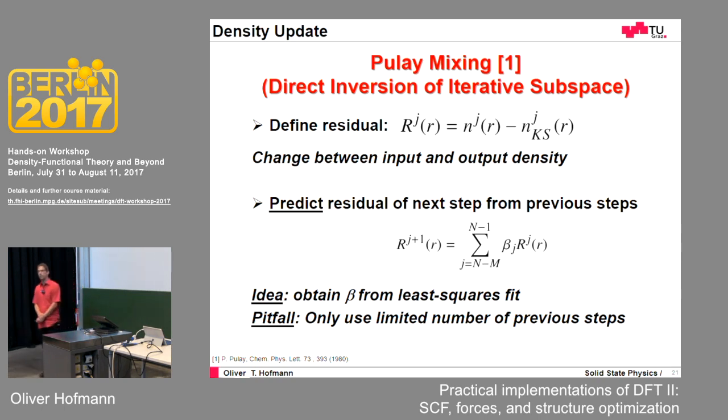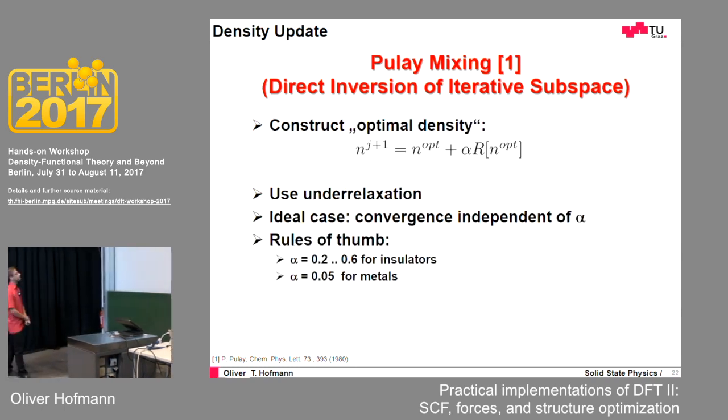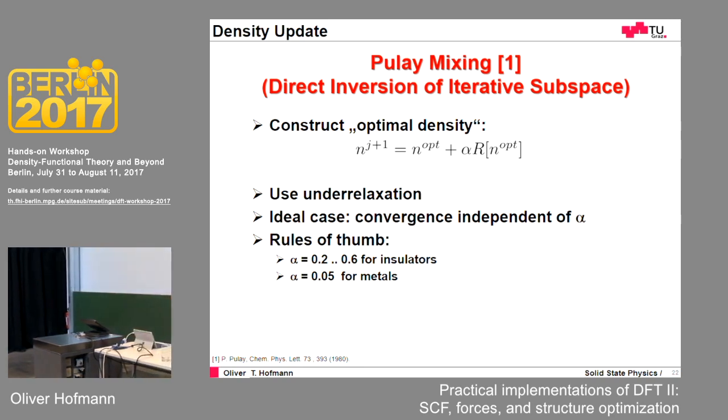And it has an additional parameter, and the additional parameter is the number of steps that you use to predict the next electron density, or to predict the null error vector, if you want. Still, what you do in the end is you calculate the electron density by the previous electron density plus a mixed or damped additional factor from the residual that you just calculated. You use under-relaxation, so to speak, similar to linear mixing.